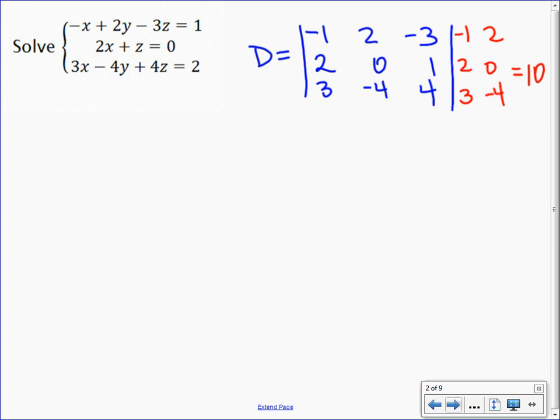All right, so to find x, we are going to take the determinant of the coefficient matrix, but we're going to replace the x column because we're solving for x. So instead of the -1, 2, 3, I'm going to put 1, 0, 2. Where did I get those numbers from?